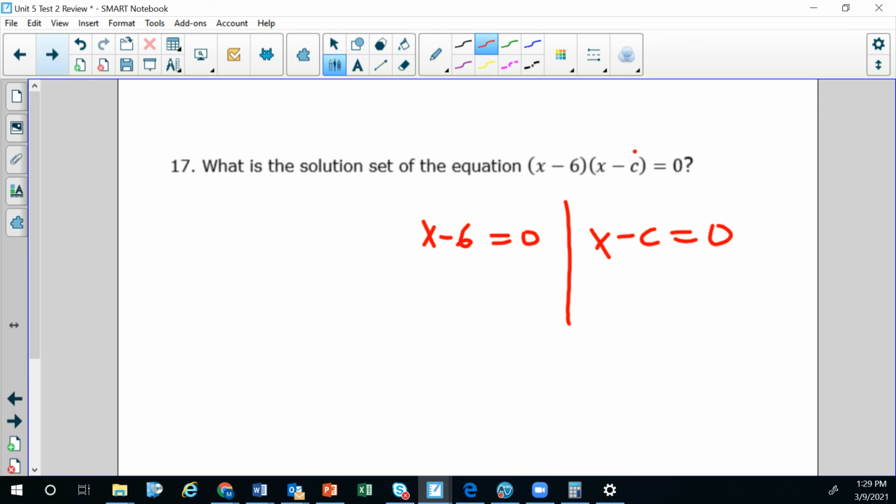And just solve. I'm going to add 6 to both sides, so that gives me x is equal to 6. And on the right side, I'm just going to add c to both sides, and that gives me x is equal to c. So that's my solution set.